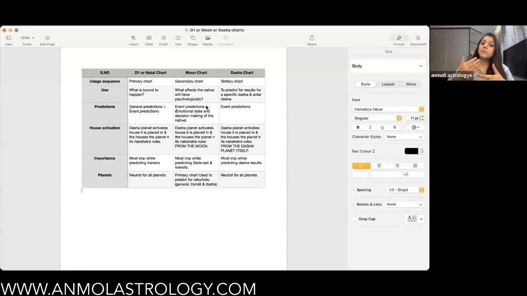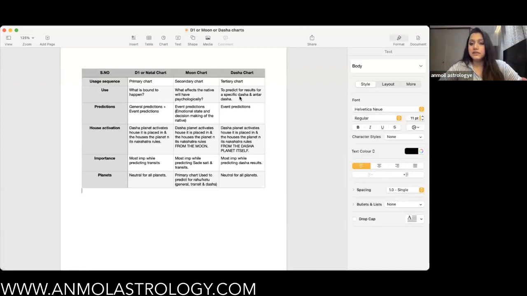So that's why a person will feel conflicted there. That is the difference when you see first from the natal chart and then from the moon chart. The moon chart is going to tell you how psychologically a person is feeling about it and what the focus of an individual is, right?